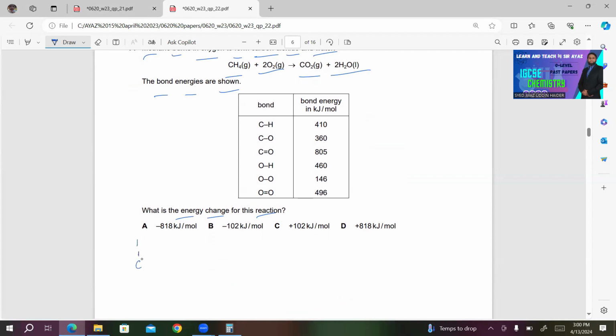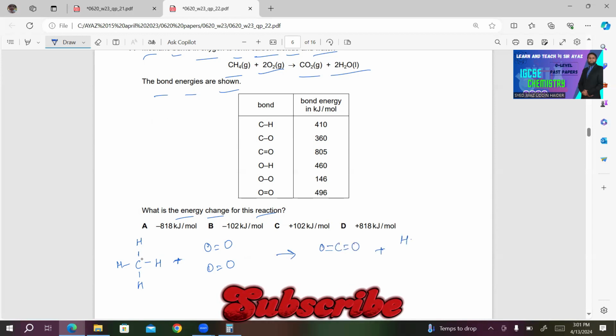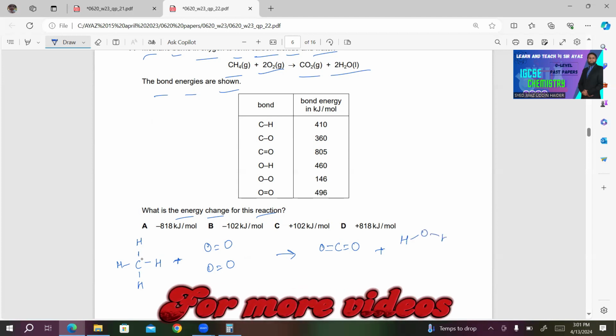I am drawing the displayed formula for CH4, plus 2O2, 2 moles of O2. On the product side, we are getting CO2, O double bond C double bond O, plus 2H2O, meaning 2 moles of water, HOH.